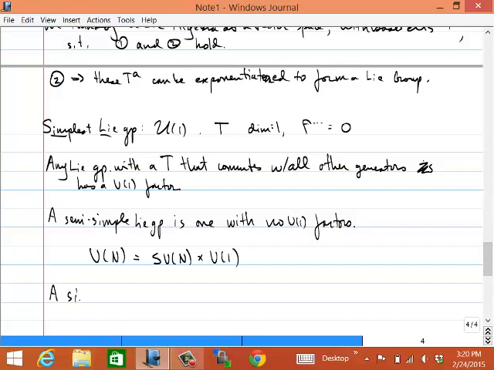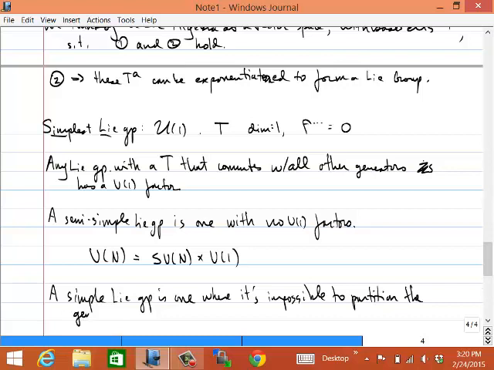And a simple Lie group is one where it's impossible to partition all of the generators into two groups which don't commute with one another.